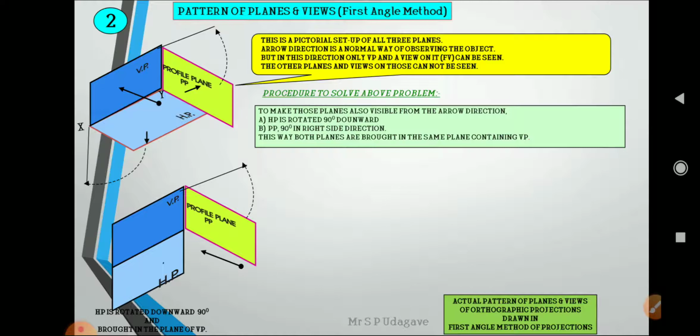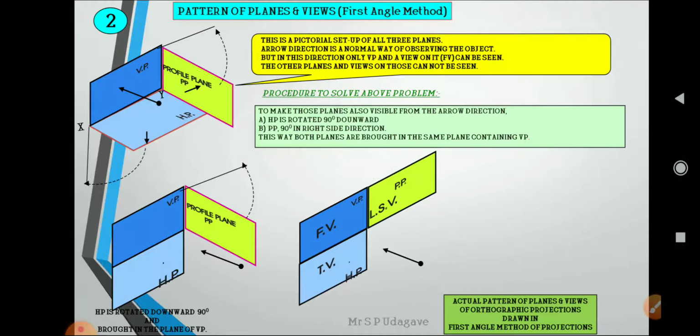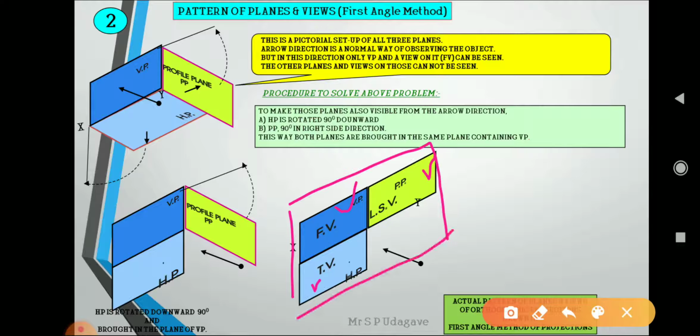So we can open both planes, and finally we get this view. In this, the front view in the VP, the horizontal plane and the profile plane are all in a single plane. We can observe all the views through the observer.